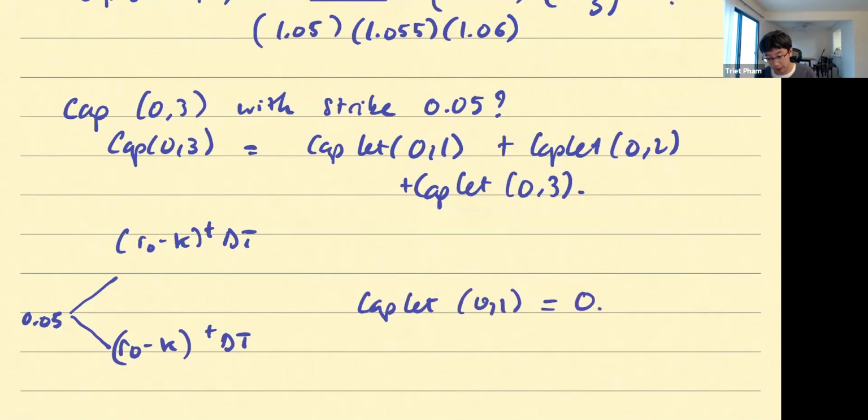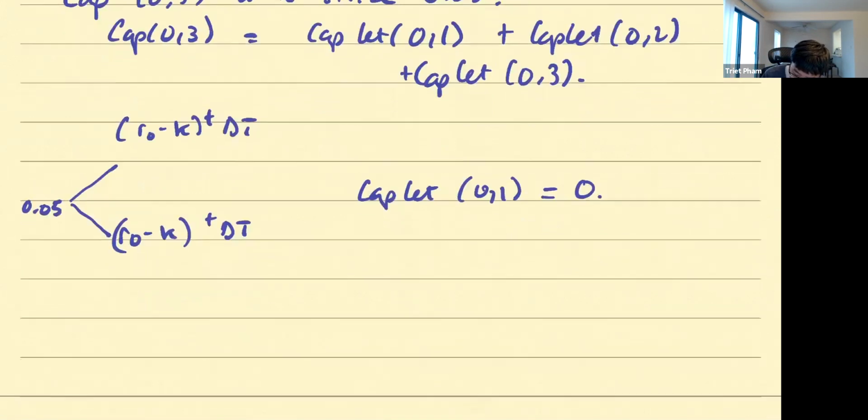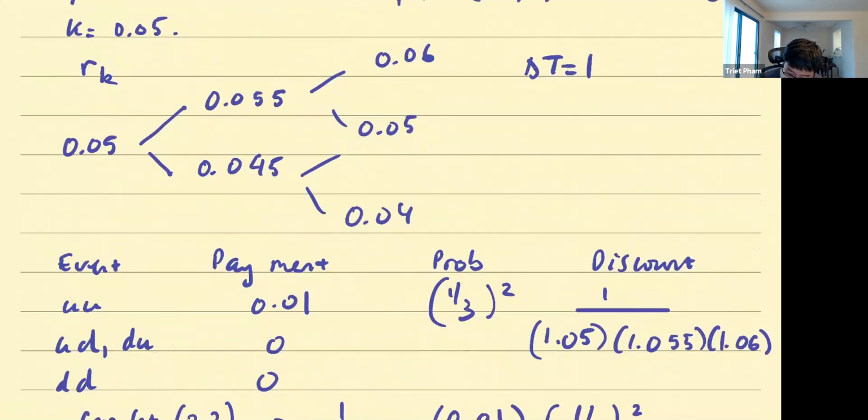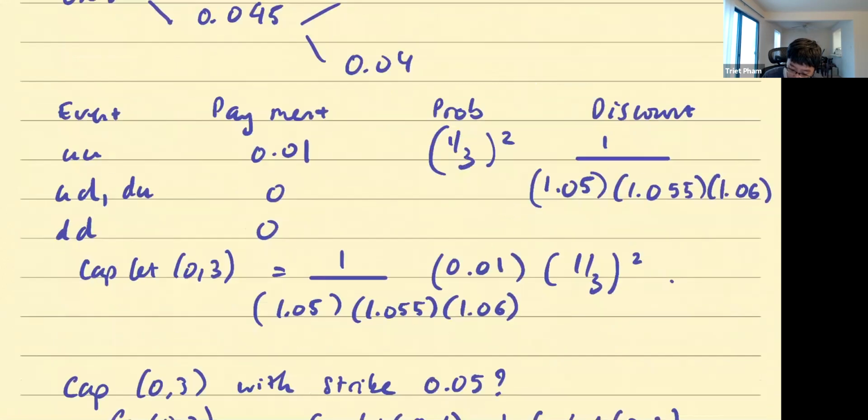There's no payment on either event. Then caplet 0.2 will pay you, from these 2 branches, 0.05, 0.015.